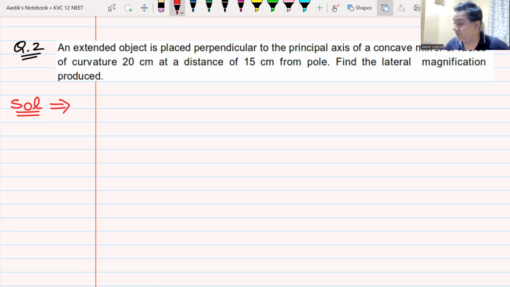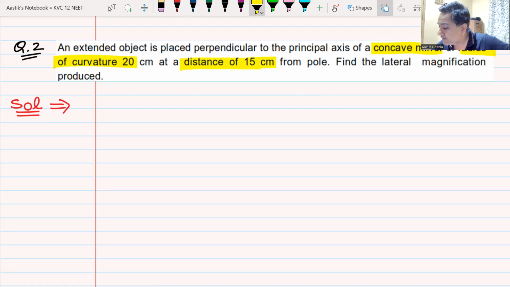Okay, so how are we supposed to do this? Which formula do you need to apply? What all things are given to you? Mirror is given as concave. Radius of curvature is given as 20. From there you can calculate the focal length.